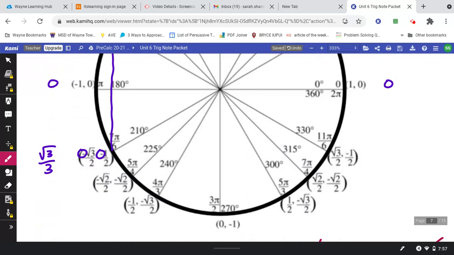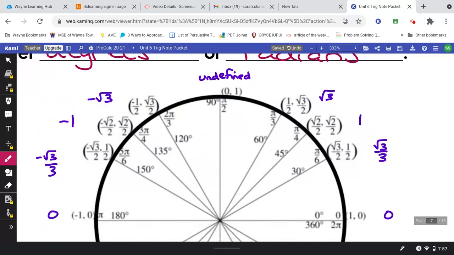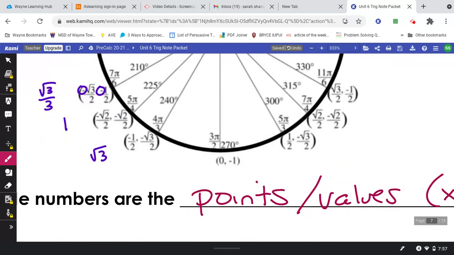And then a positive 1 and a positive radical 3. Then this undefined is going to travel all the way directly down, and I'll write undefined right there.